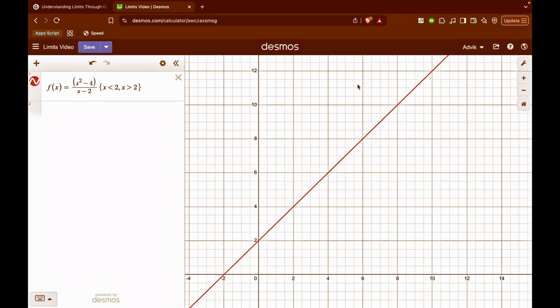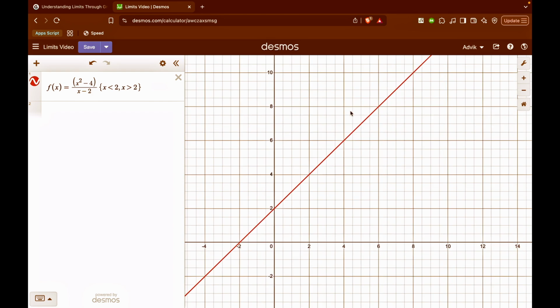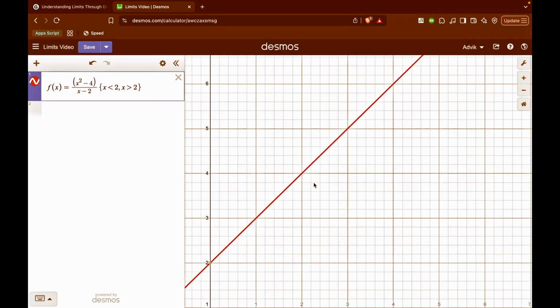And if we graph this out, let's look over here. If we approach from the right-hand side, as we get closer and closer to 2, at 2.1 it's 4.1.